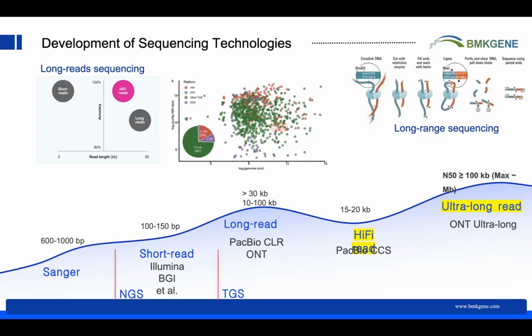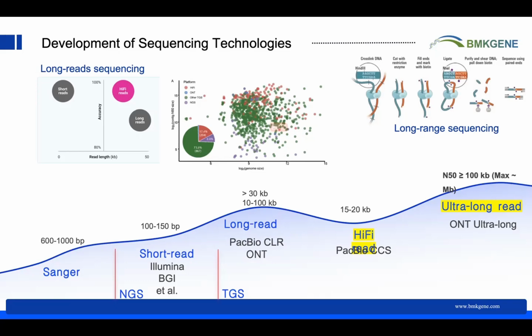Then came long read sequencing, I mean PacBio CLR mode sequencing and ONT sequencing, which has achieved reads of more than 10 kb or 30 kb. This can solve many problems caused by heterozygosity or repetitive sequences.